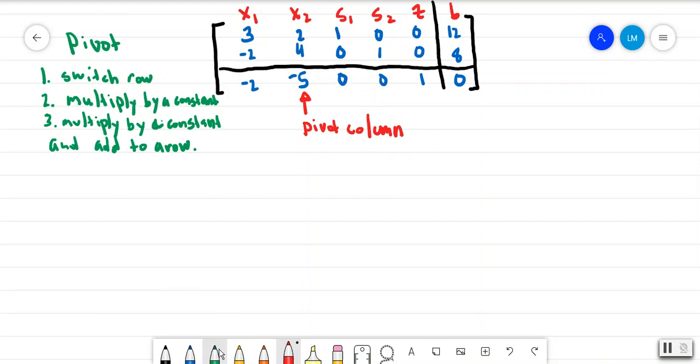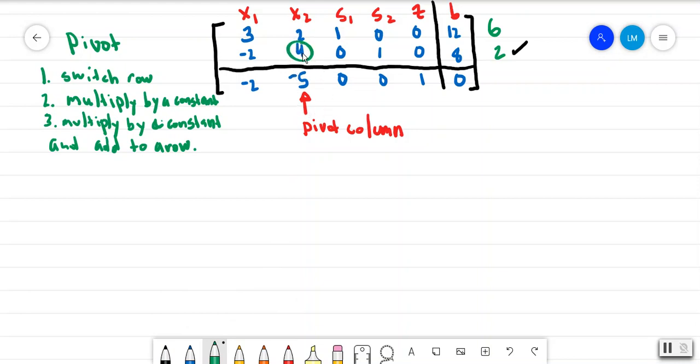To find the pivot row, you divide the corresponding values in the column over here into B. So you have 6 and then you have 2. The key is that you want to find the smallest quotient. The one that has the smallest quotient is the one that appears right here.